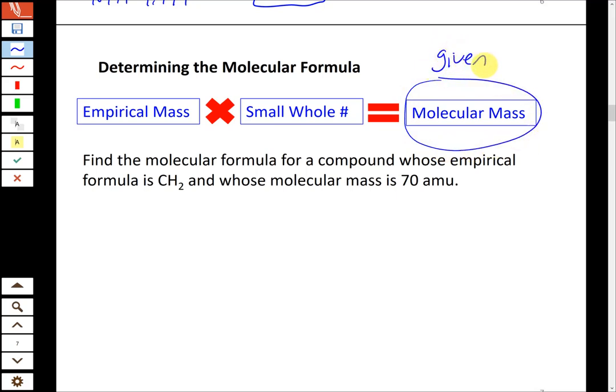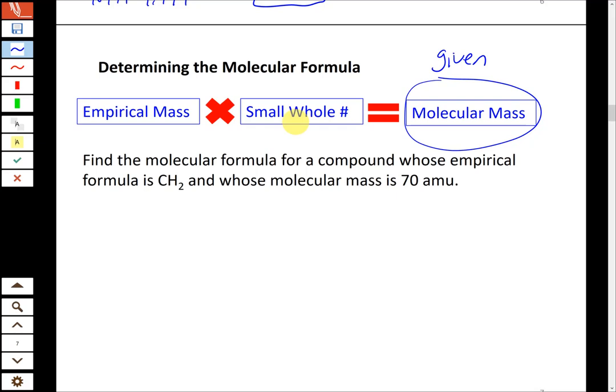That, along with the empirical formula, will allow you to determine the molecular formula, because the empirical mass, which is the molar mass of the empirical formula, is related to the molecular mass by some small whole number multiple. We multiply the empirical formula by that factor, and that will give us the molecular formula.